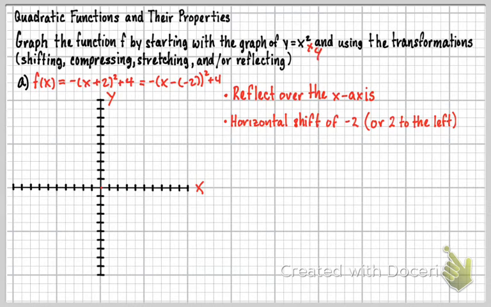So that's adding to the y values, which means it's moving all my y values up. Not a vertical shift of 2, but a vertical shift of 4. I could say positive 4, or just 4, or I could say shifts up 4.